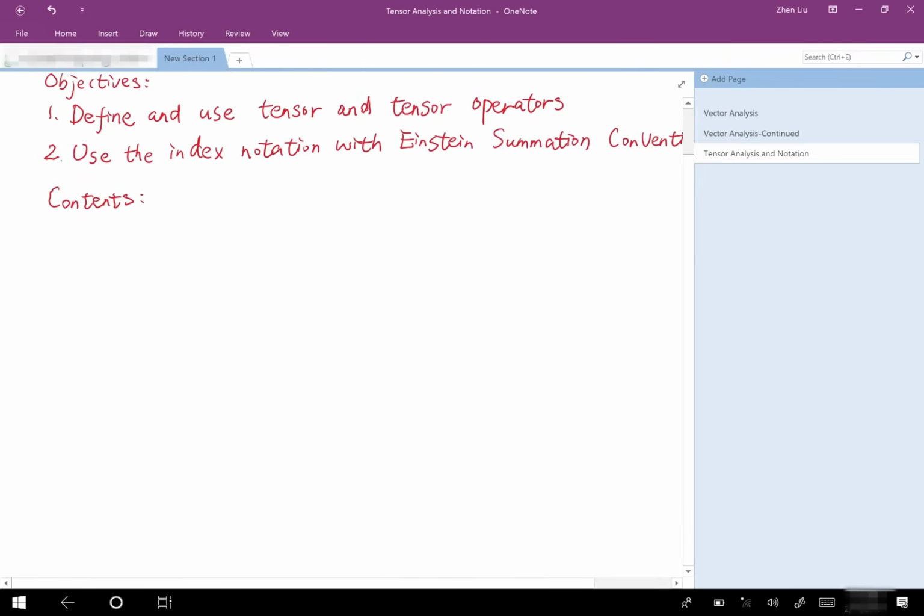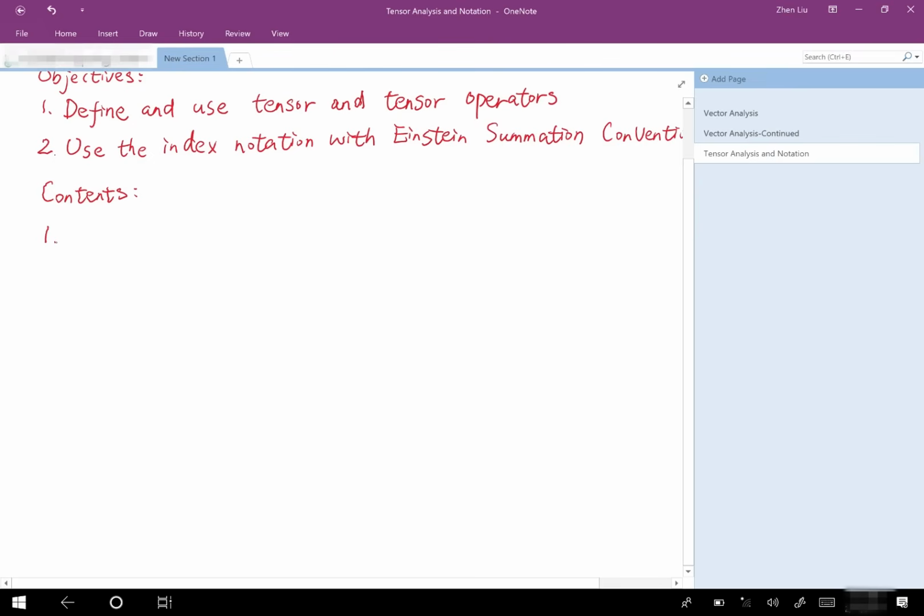objectives. Then for the contents, we went through vector analysis, so you guys know what vectors are and how to define vectors, how to do different types of operations with vectors. For example, the basic operations, we define the dot product, cross product, and also we talk about the changes in the vectors. So that is vector calculus.